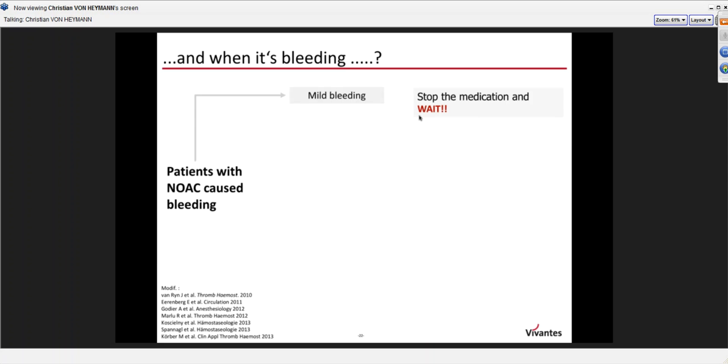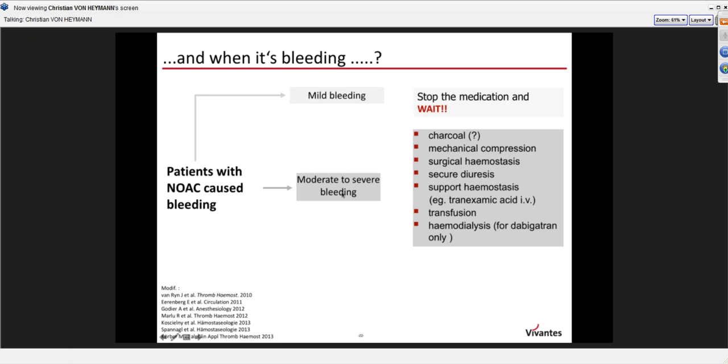If you have a moderate to severe bleeding in these patients, the patients get unstable, they require transfusion. Try to consider charcoal if the intake has been 1 to 2 hours before hospital admission, then charcoal makes sense. Try to apply mechanical compression where it is possible.